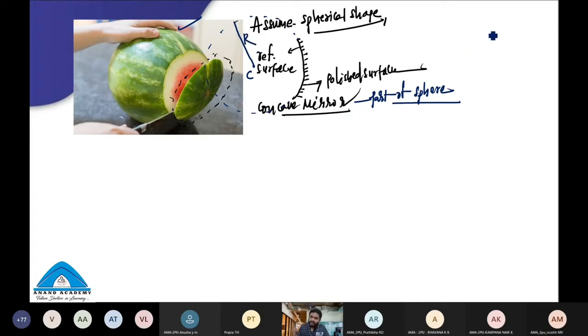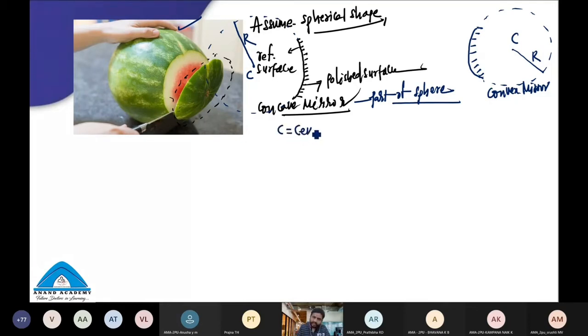And of course, you take this also, students. This is the convex mirror case, also you take it. So if you extend it and make it the actual sphere, this will have a center of curvature and a radius of curvature, where C and R are the center of curvature and radius of curvature.